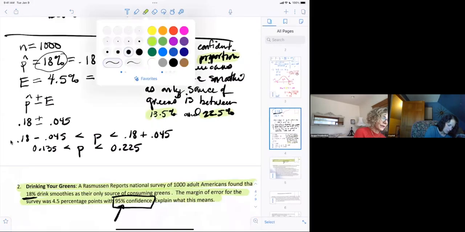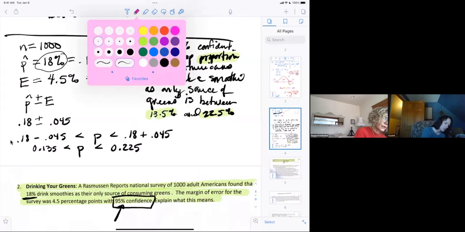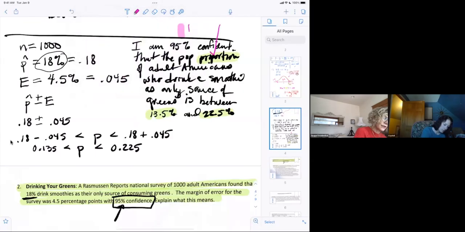I would probably up here instead just write the percentage. So instead of proportion here, I might just write percentage, if I'm going to give it in that format.